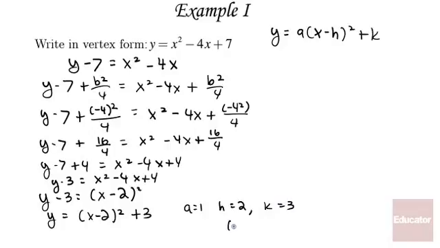And the vertex is at (2, 3). And I accomplished that by isolating the x variables on the right, completing the square by making sure I added b squared over 4 to both sides. And then once I had that completed, I could rewrite this in the (x minus h) squared form, and then moving the constant over to the right.